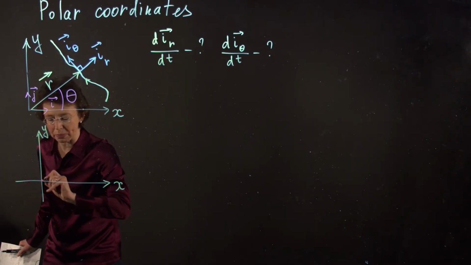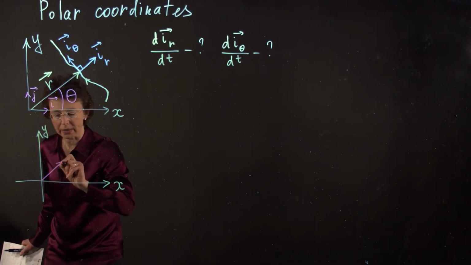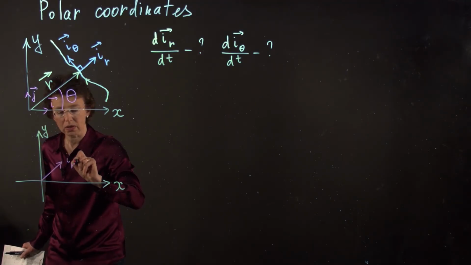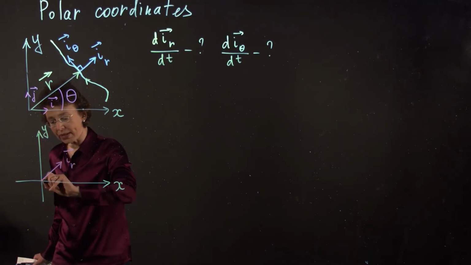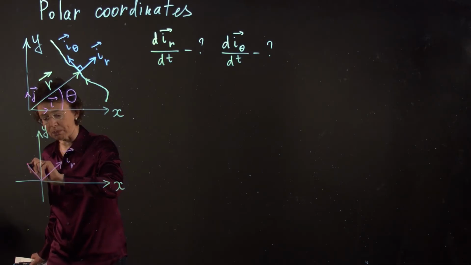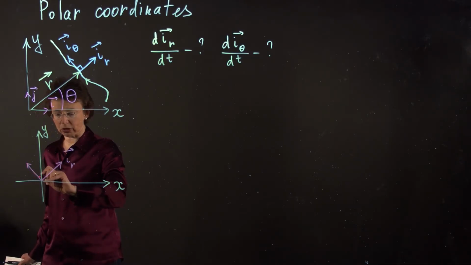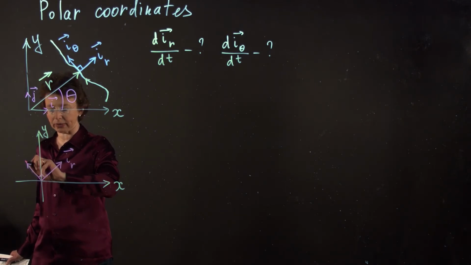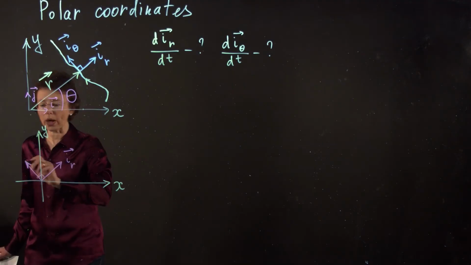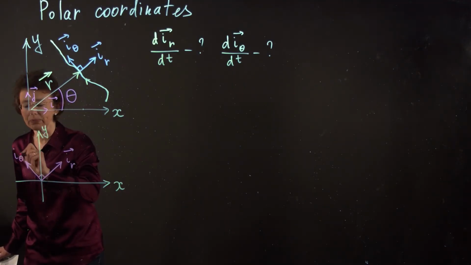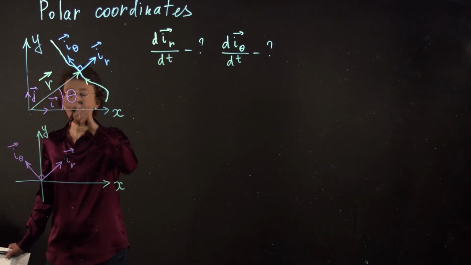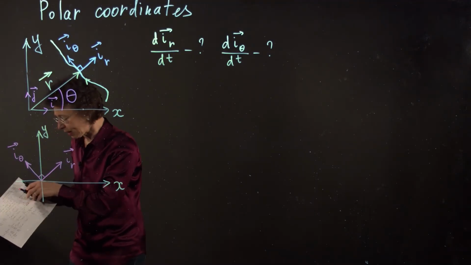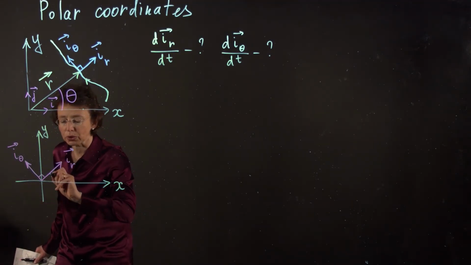This will be my i_r, and i_theta is perpendicular. This is 90 degrees, and their length is the same. Those two are unit vectors, length is 1. So this is i_theta, and i_r makes angle theta with the horizontal.